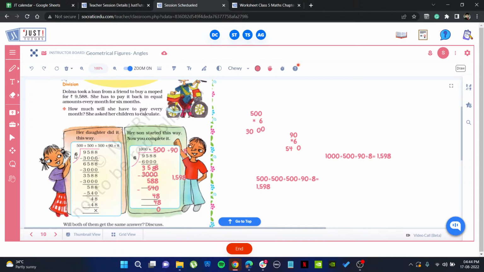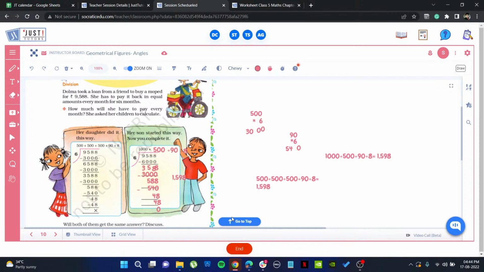Dolma has timesed it by a different number, she has multiplied it by 500, but her son has multiplied it by 1000. So if we times it by a bigger number, our number of steps gets fewer. So the only difference is the number of steps.